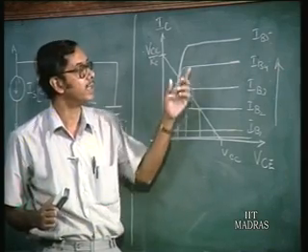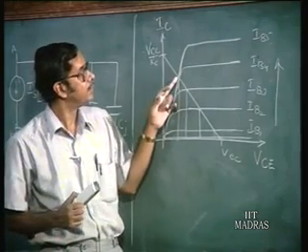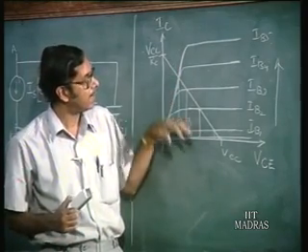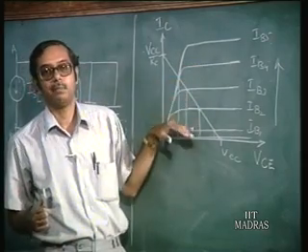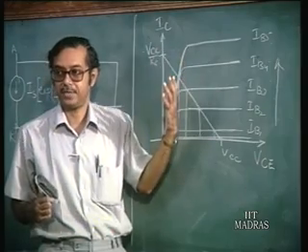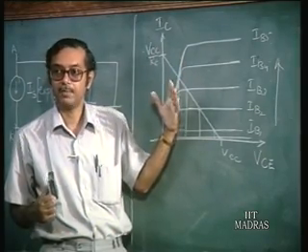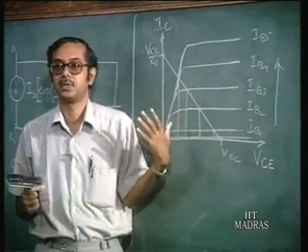And this is the saturation region, and the region where the collector current increases with increase in base current is called the active region of operation. And where the base current is almost 0 is called the cutoff portion.